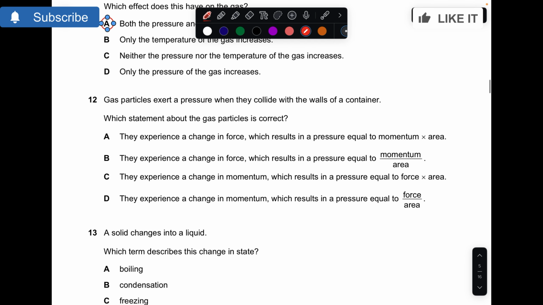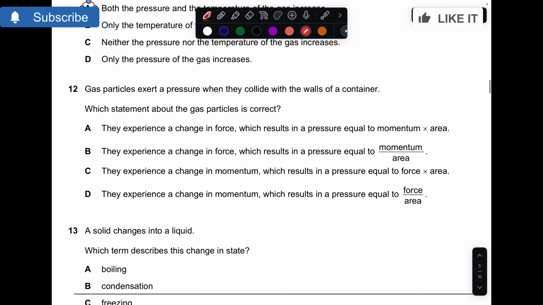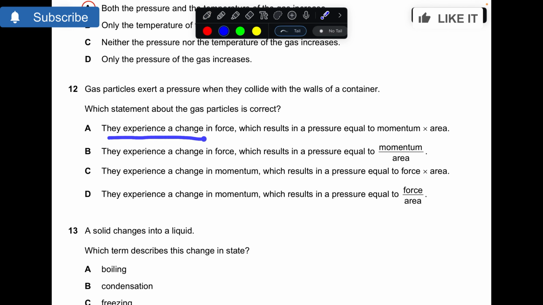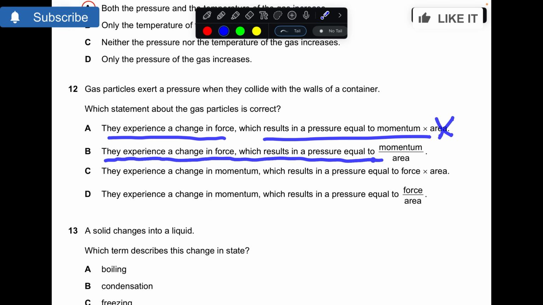Gas particles exert a pressure when they collide with the walls of the container. Which statement about the gas particles is correct? They experience a change in force which results in pressure equal to momentum into area. That is totally incorrect.